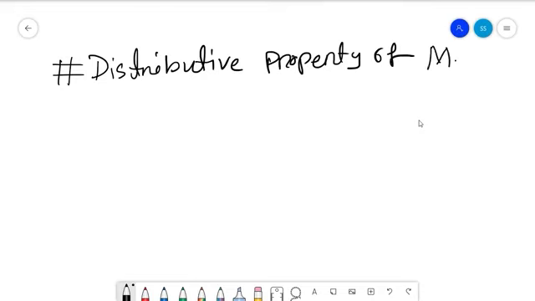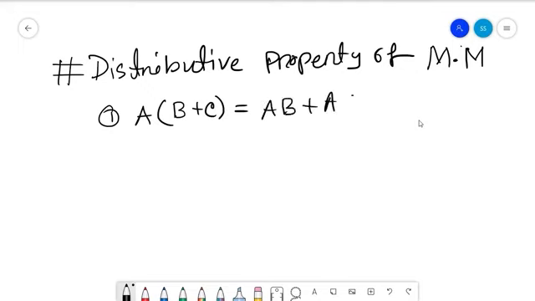I'll just write it as m.m. I don't want to write the whole matrix multiplication, it takes a lot of time. So the first thing about distributive property is the following. If you have three matrices A, B and C, then A times (B plus C) is equal to AB plus AC. And let's try to prove it.